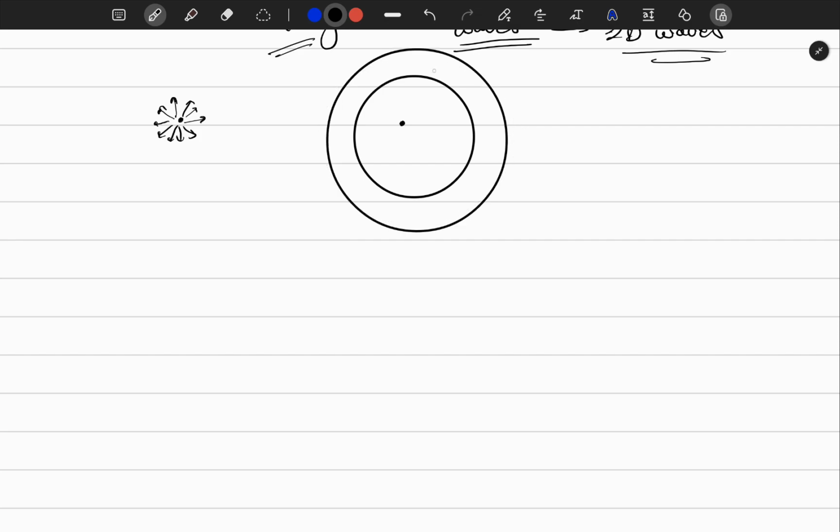If this is the light source, then the light wave will go in ever increasing spheres. This is a sphere, for example. The light waves travel with the velocity 3 × 10^8 meters per second, and this is the example of a three-dimensional wave.